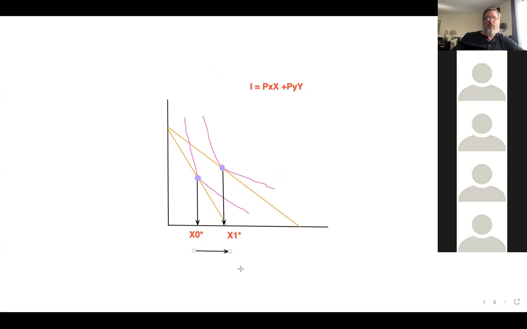So I purchased more X, right? And I have two different levels of utility. And so there you go.